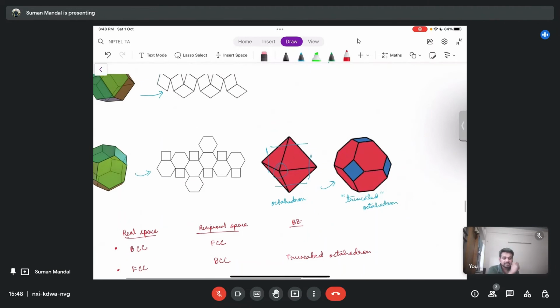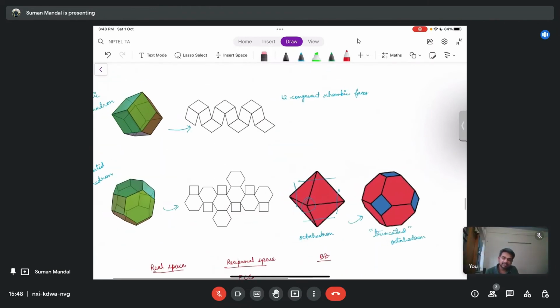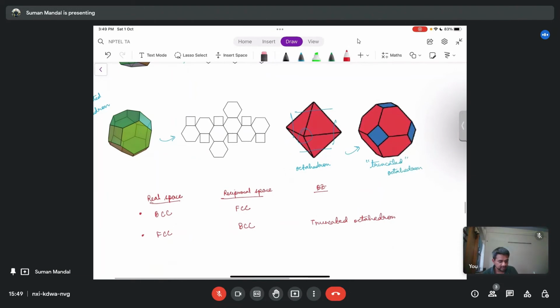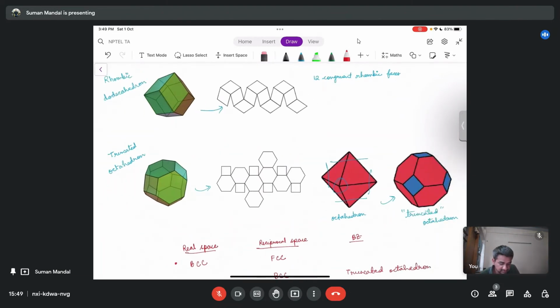It's a little bit difficult to imagine, but you can spend some time and try to understand how this kind of Brillouin zone is formed. Basically, you have an FCC structure, and you have to find the Bragg planes that intersect each face center with each of the other face centers of the FCC unit cell. If you do that, you will see that the Brillouin zone has a structure like this, a rhombic dodecahedron.